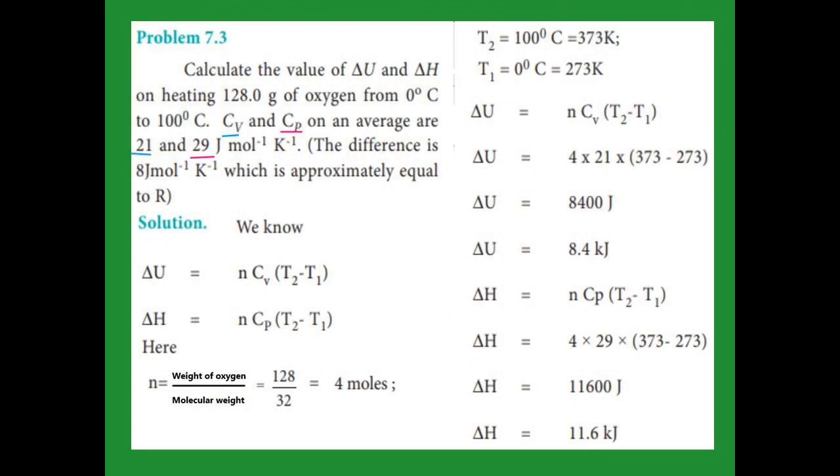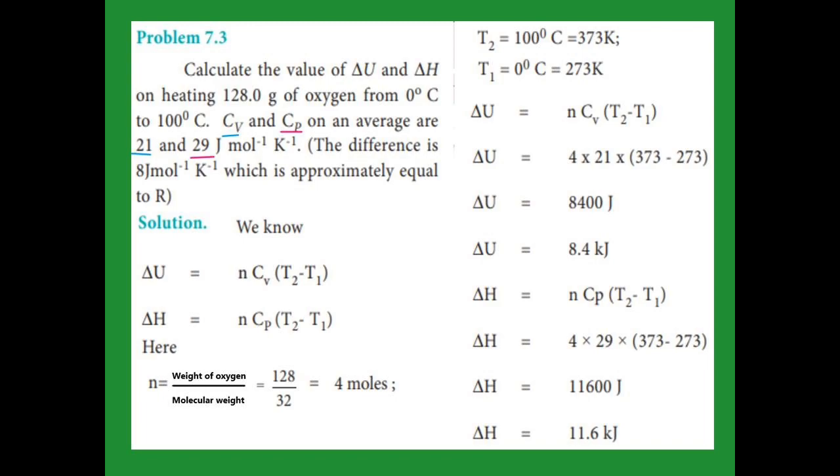In this problem, the weight of oxygen is 128 gram and the initial temperature is 0 degree Celsius. 0 degree Celsius means 273 Kelvin, and the final temperature 100 degree Celsius is 373 Kelvin. Cv value is 21, Cp value is 29 joule mole minus 1 Kelvin minus 1. As per the formula, delta U is n into Cv into T2 minus T1.